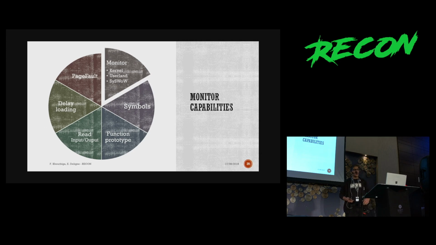And as I said, when you set a breakpoint on a function, and if this function is declared in the headers bundled with the framework, the framework just gets the prototype of the function and reads the input and output parameters, so you have all the information without doing anything.